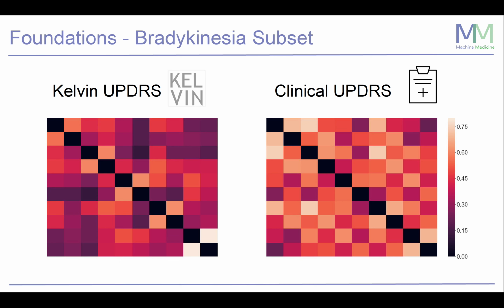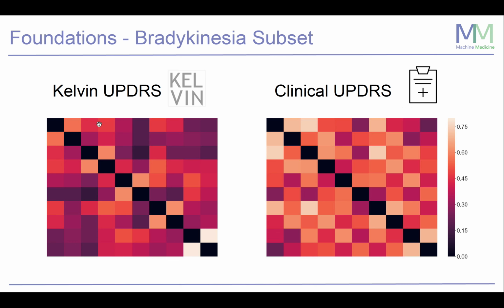And what this is basically, each row corresponds to a particular item in the UPDRS, and where we have the diagonal, it's an item being compared with itself, so the correlation is 1 and not interesting. But where we have anything that's off diagonal, it's asking the question, what's the correlation between, say, finger tapping, which is represented by row 1, and say leg agility represented by column 2.